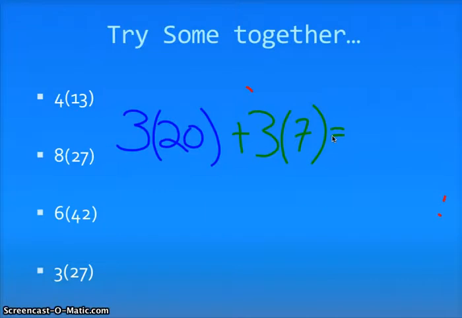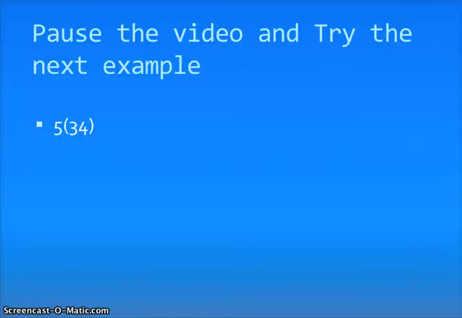And when we get that, we get 60 from the 3 times 20, and we get 21 from the 3 times 7. That equals 81. So after looking at those problems, doing a few practice, I'd like you to pause the video and try this next example on your own.